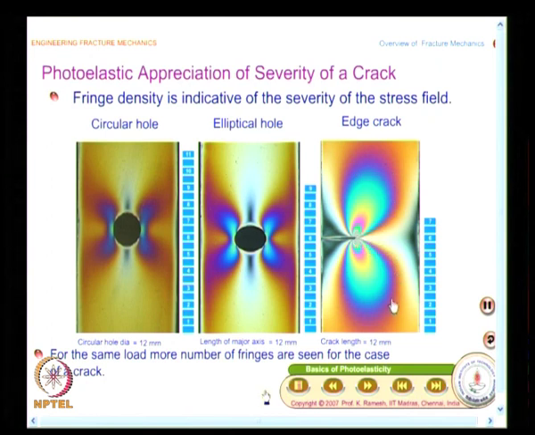Keep this geometric feature in your mind. As soon as we develop the stress field equations, we would plot contours of sigma 1 minus sigma 2 and compare with the fringe patterns and see what we obtain. Let us wait till such a moment.